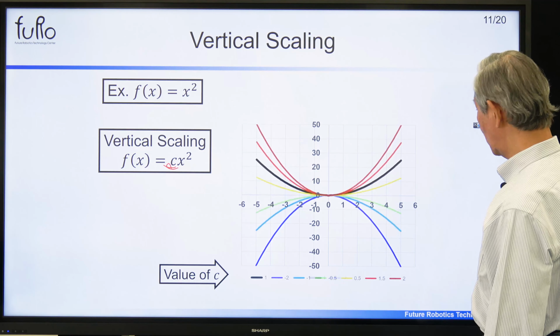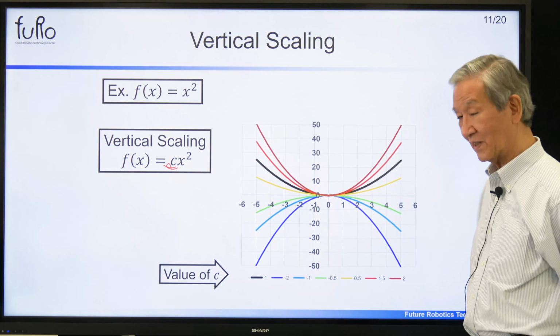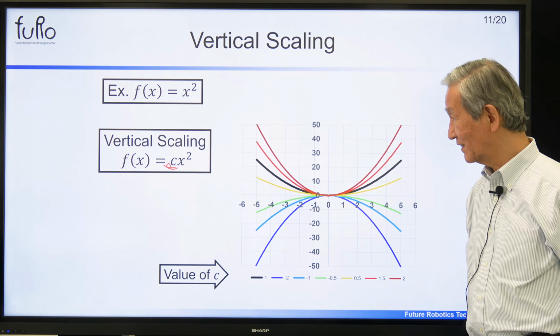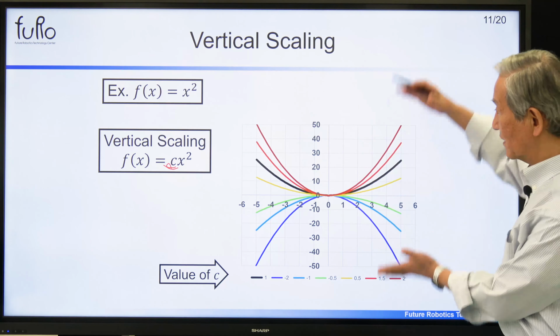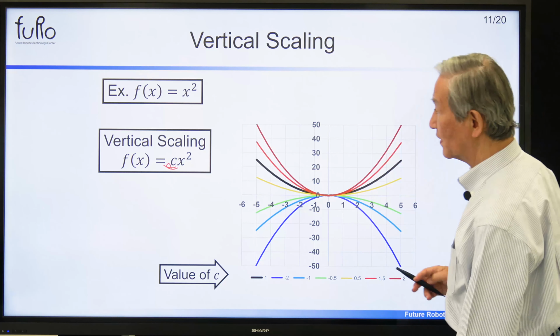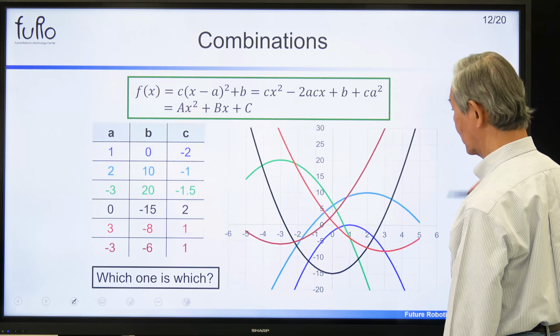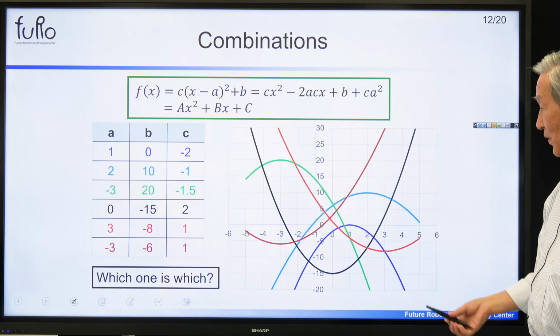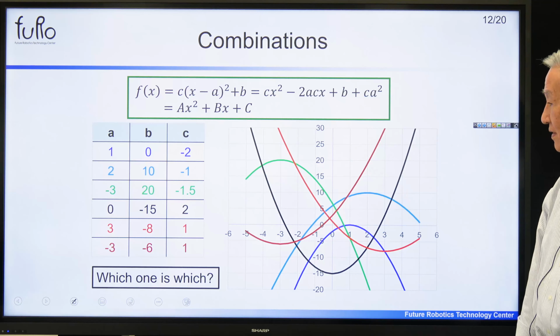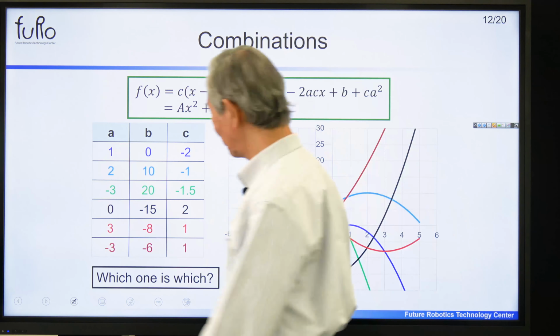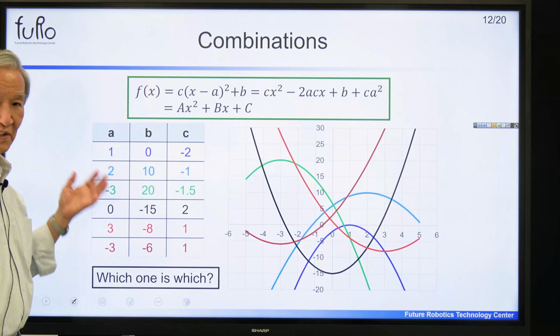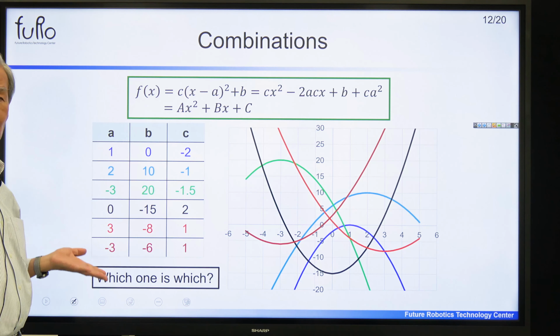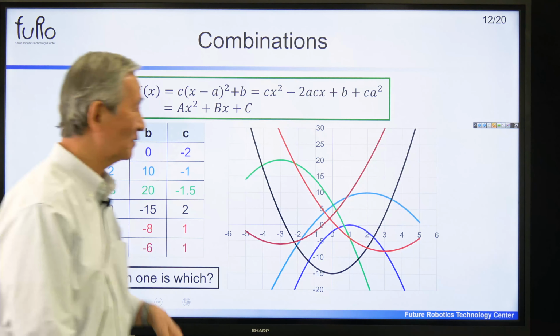So altogether, this is what's going to happen. Isn't that beautiful? So it changes the scaling vertically. By combining them, you can do a thing like this one here. Well, which one is which? I'll give you this as part of the homework, so you will find that out.